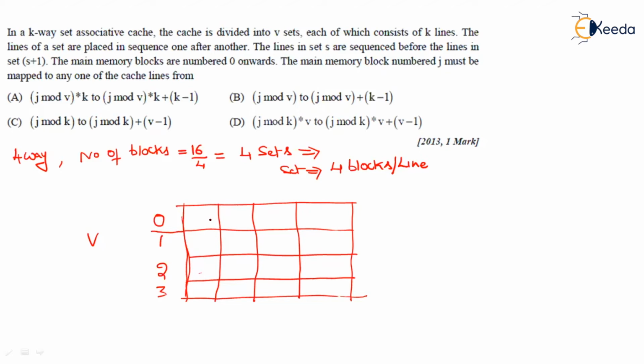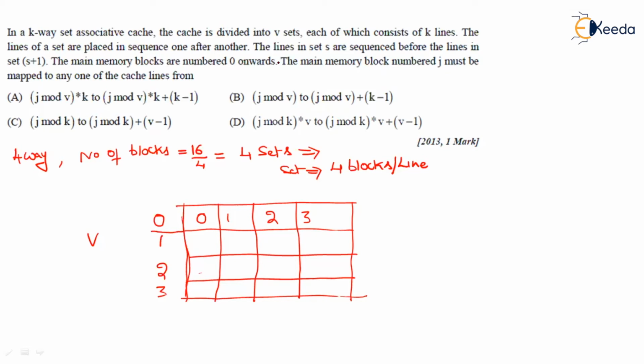But generally, we don't give numbering to these. If you want to bring a block from main memory, the main memory block can replace any of the blocks. For that reason, we don't number the blocks of a set. But according to the question, we have to number the blocks one after another. That is, these numbers will be 0, 1, 2, 3.